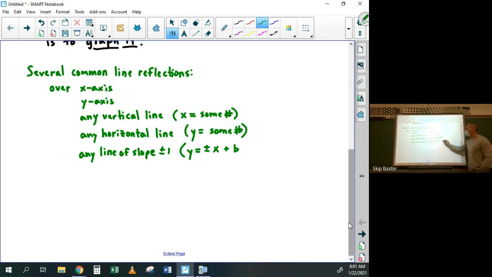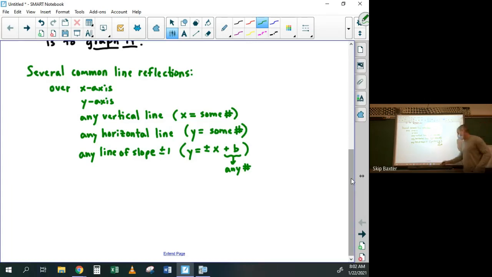I don't know if that's confusing or not, but think about mx plus b. M is either positive 1 or negative 1. So this is just like plus or minus x, and then this b could be any number. Okay, so those are the common line reflections that you're likely to see.